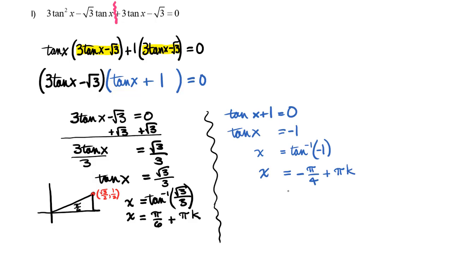Notice that if I wanted this to be a positive angle, I could add pi, assuming k is an element of the integers, and that would give me 3 pi over 4. So it's an equivalent statement.